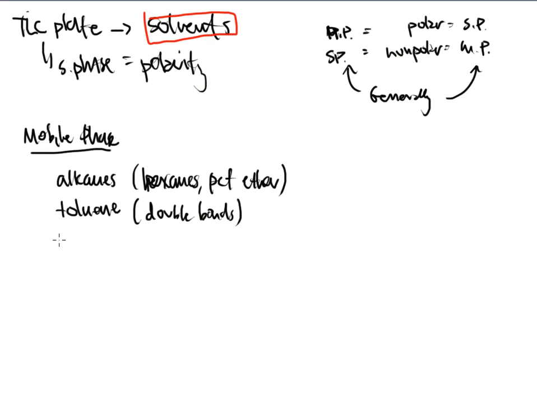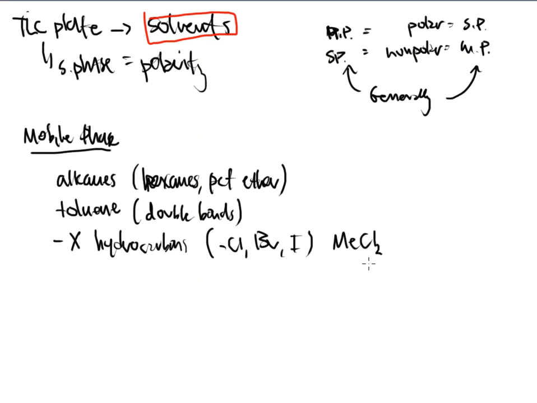And because there's double bonds present, then the polarity changes up a little bit. We can then go to halogenated, and I'm going to write that as an X because that's how organic chemists write halogens. They use an X there. Halogenated hydrocarbons basically mean things with bromine or chlorine or iodine on them. So this would be something like methylene chloride, abbreviated CH2Cl2.